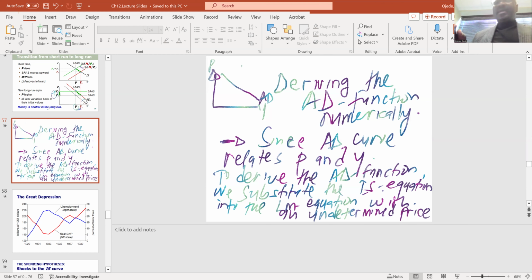What do I mean by this? Even if I gave you the value of price to be 2, you don't substitute that P; you leave P in the function. We want P to remain in the function.